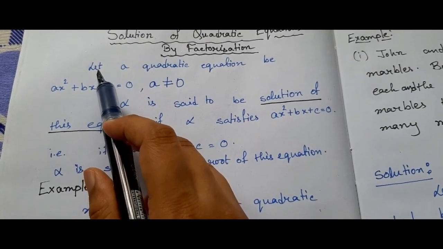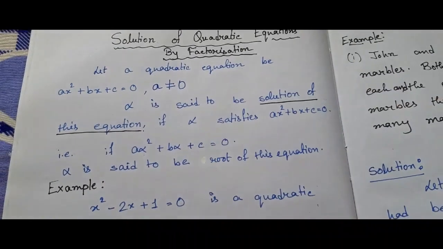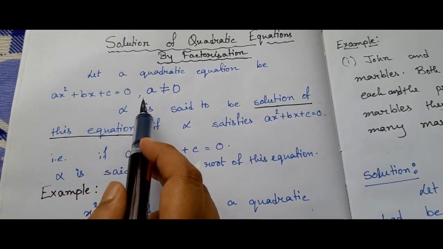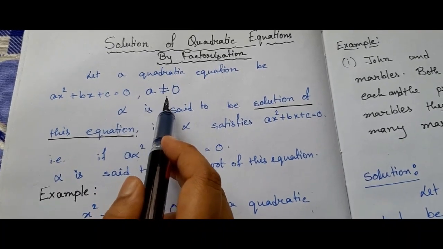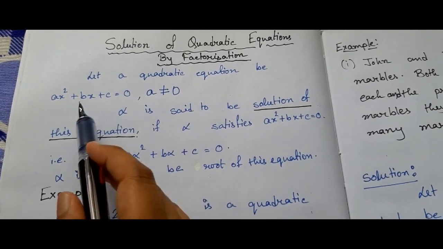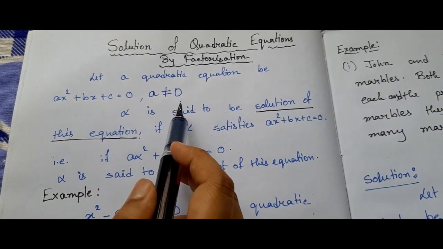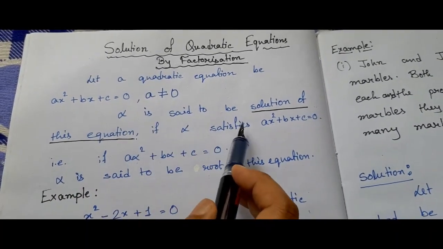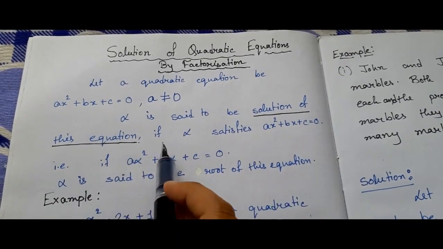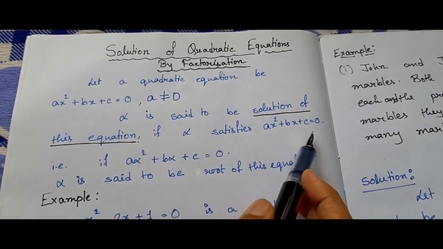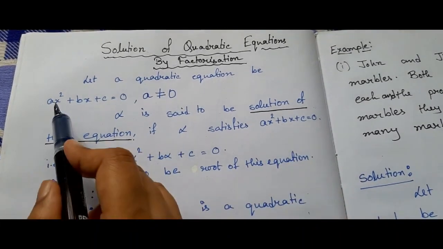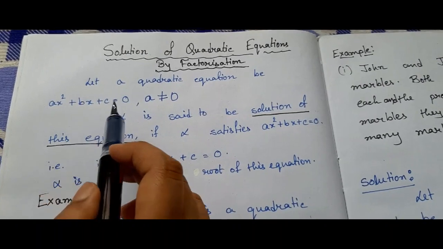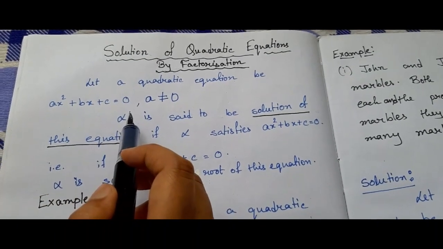Let's check the definition. Let a quadratic equation be ax² + bx + c = 0, where a is not equal to 0. You know that this is the general representation of a quadratic equation. Alpha is said to be a solution of this equation if alpha satisfies it. That means if you put alpha in place of x, the value of the LHS has to be equal to the value of the RHS.